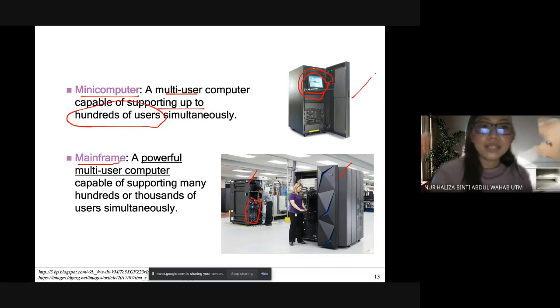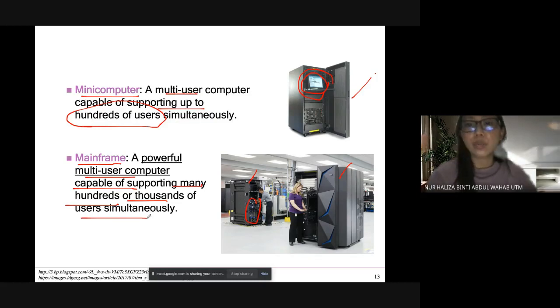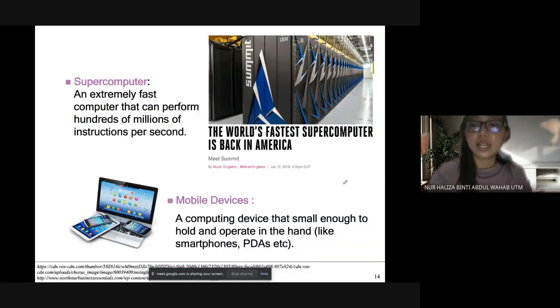And after that, there is a mainframe, a powerful multi-computer, which is a combination of all these, capable of supporting many hundreds and thousands of users simultaneously. Normally in big organizations, our lab is using a mini computer only, but for the server itself, we need the mainframe to support all of UTM.